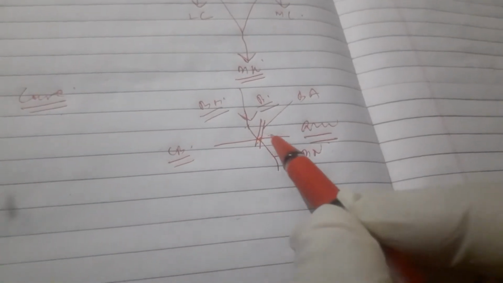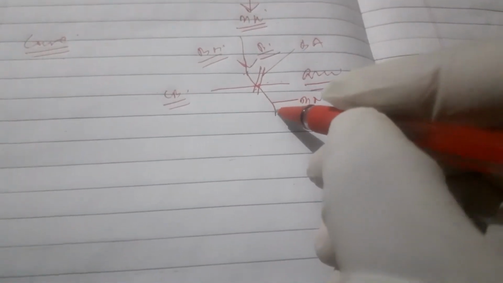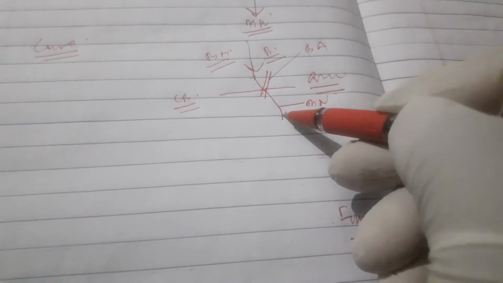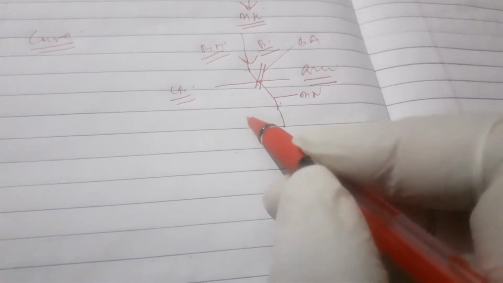At the level of insertion of coracobrachialis, it is anterior to the brachial artery and below it is medial. Now it maintains its position till the cubital fossa.